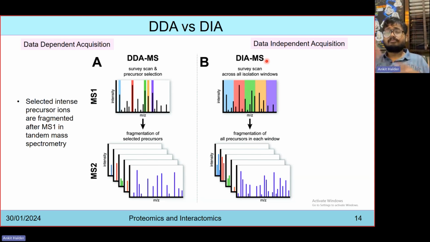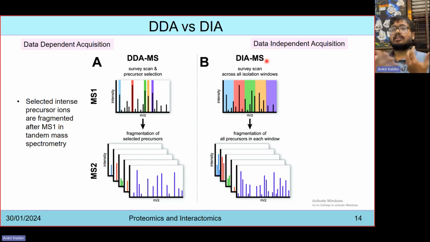If the intense precursors or top abundant precursors, be it 10, 20, or 30, are fragmented after your MS1, then it is known as data dependent acquisition, where you are fragmenting after getting the most intense precursors.